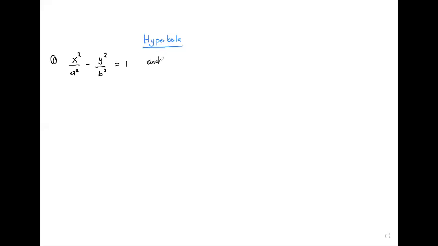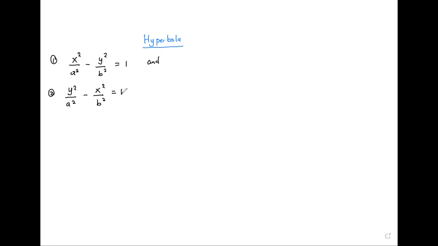And the second one is y squared over a squared minus x squared over b squared is equal to 1. So the first one lies on the x-axis. The second one lies on the y-axis.